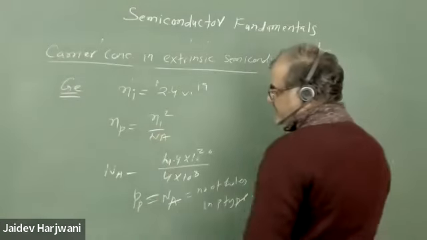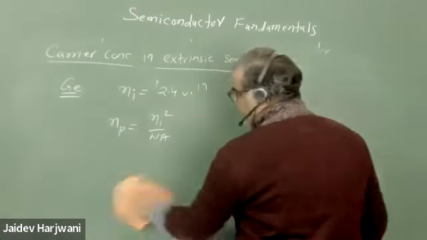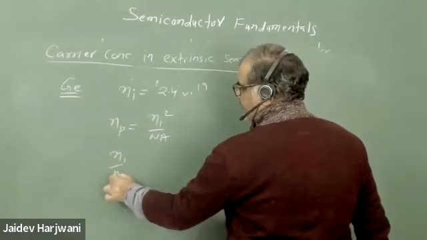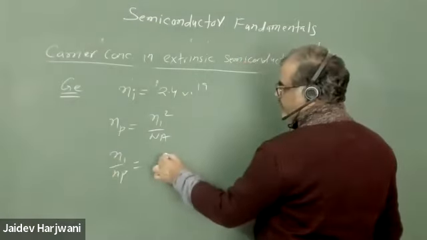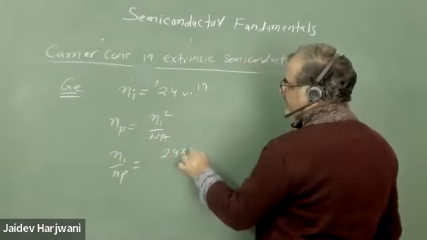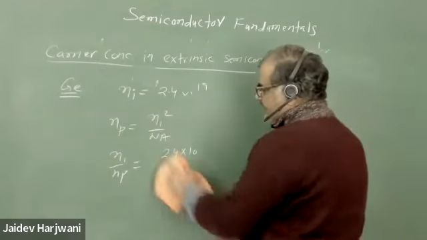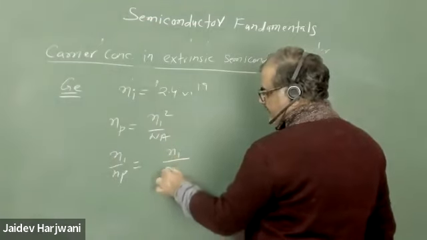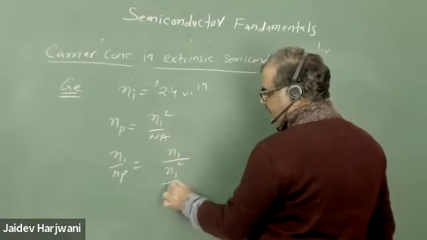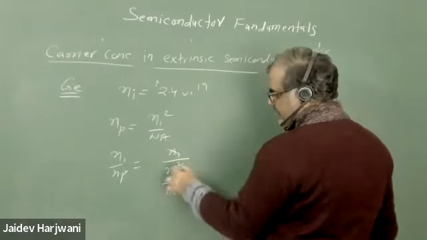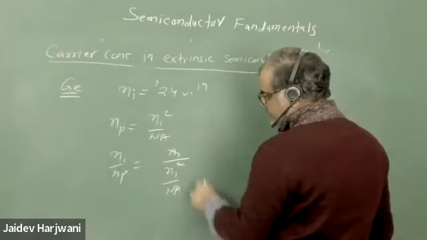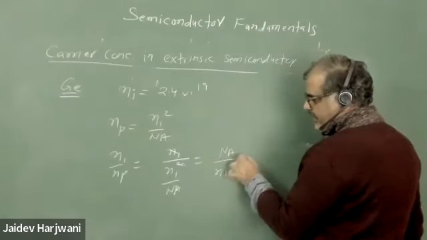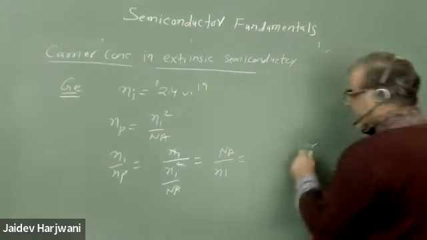Finally they are asking the ratio of Ni upon Np. Ni is 2.4 into 10 raised to power 19, and here you have Ni square upon Na. So Ni cancels, and finally you are left with Na upon Ni. Now what is Na?